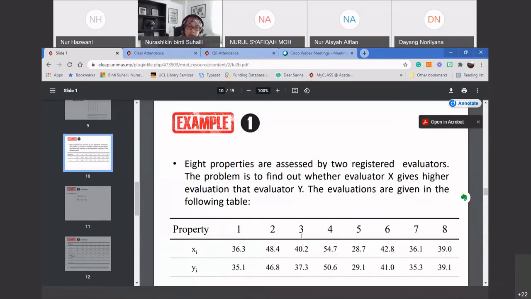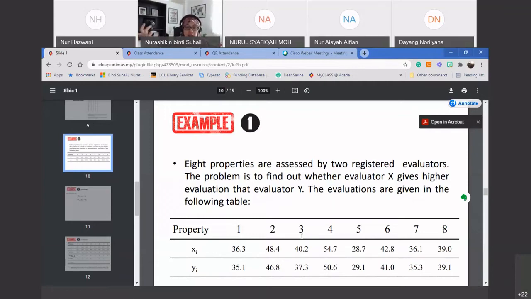So maybe some of the things analyzed by the sign test could have some inaccuracy, because the nature of the test is not so comprehensive. So it could give a slightly different conclusion compared to the Wilcoxon signed rank test.